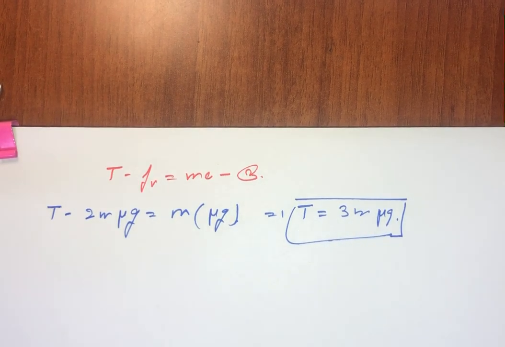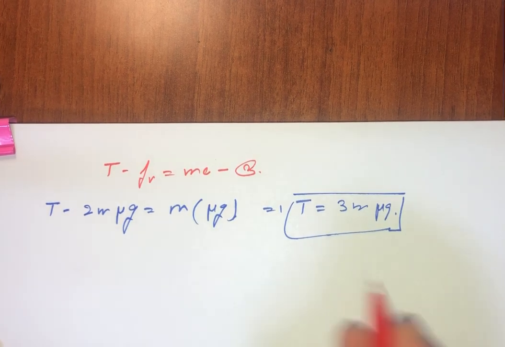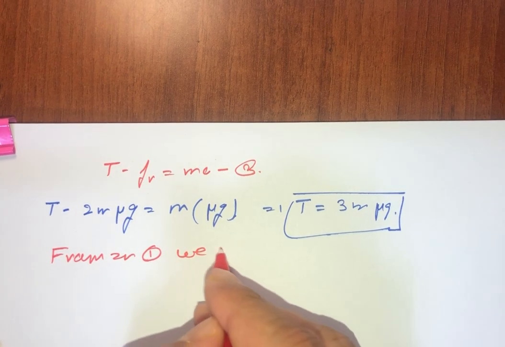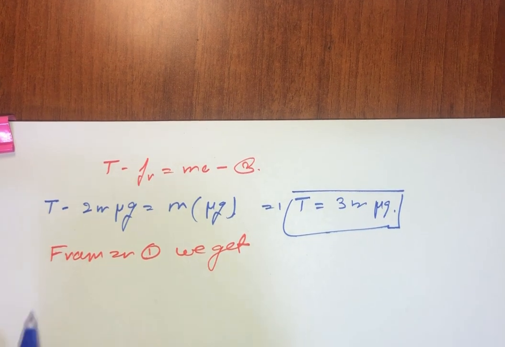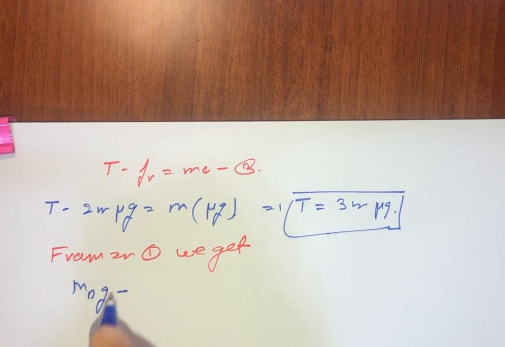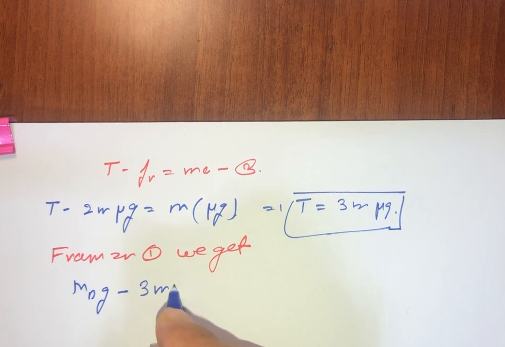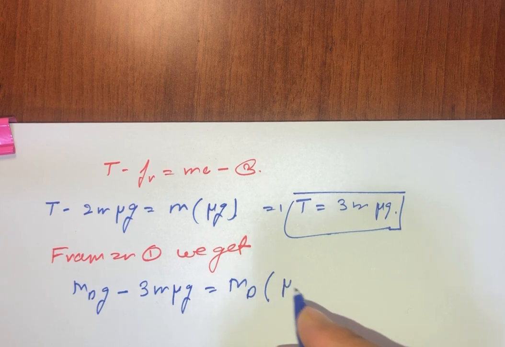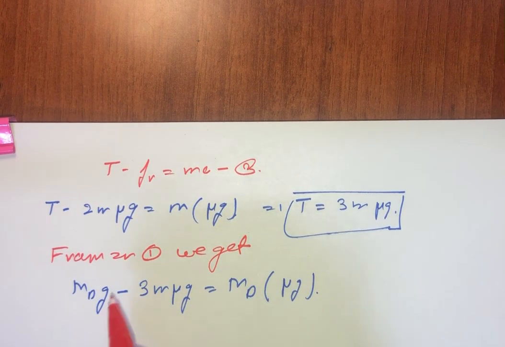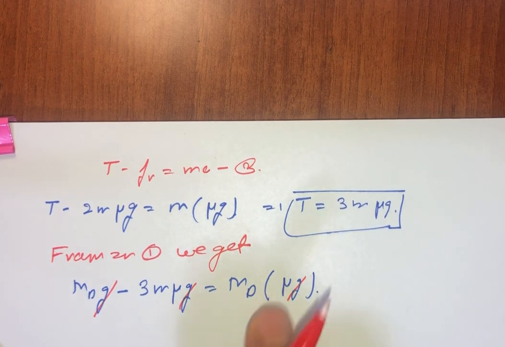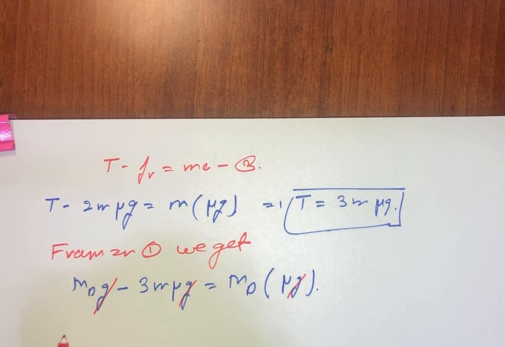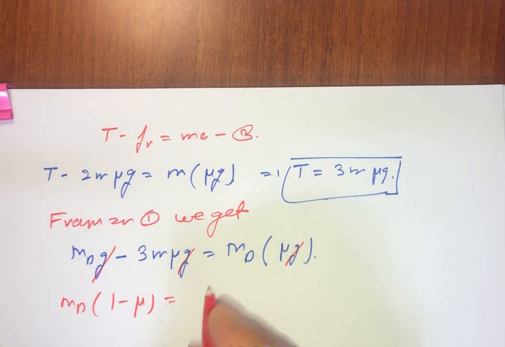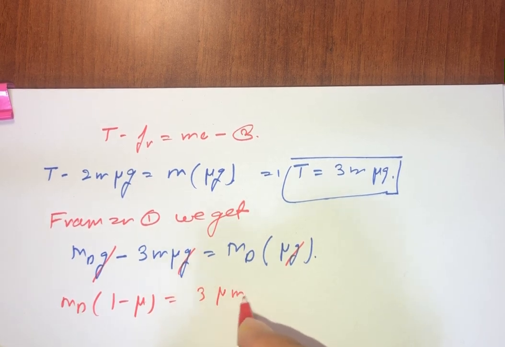Now using this value of tension and putting it in equation 1, we get MDg minus 3m mu g is equal to MD times a. We know the value of a is mu g. g and g cancel out. We take MD to one side, so this will be MD times (1 minus mu), equal to 3 mu m.